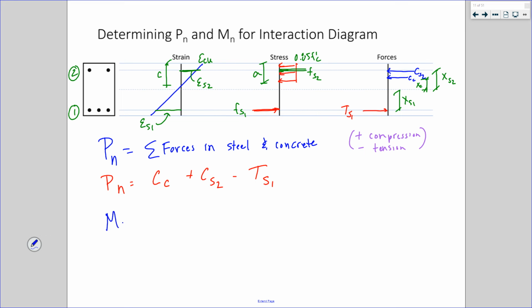My moment capacity is, I'm going to take the moment of these forces about the centroid.